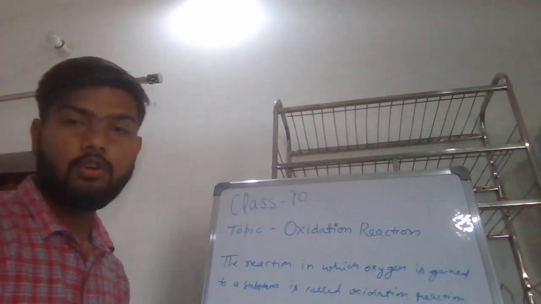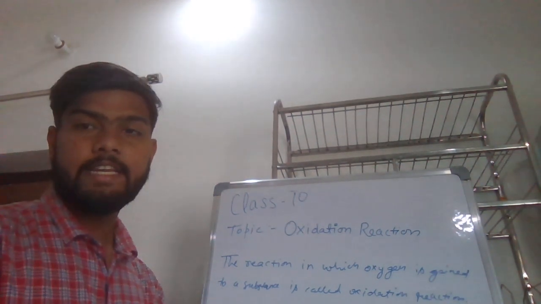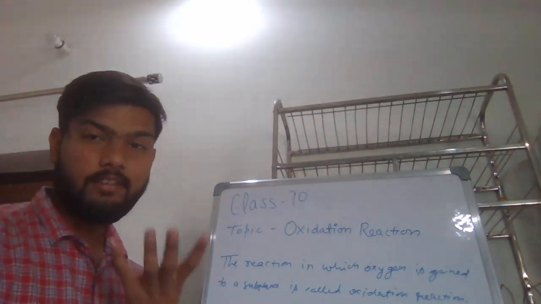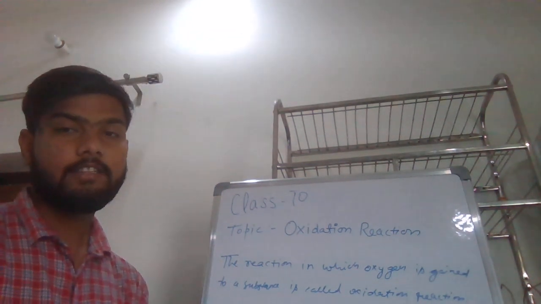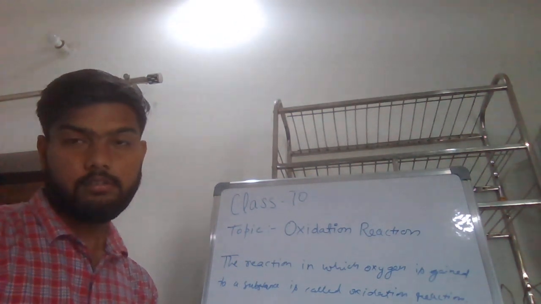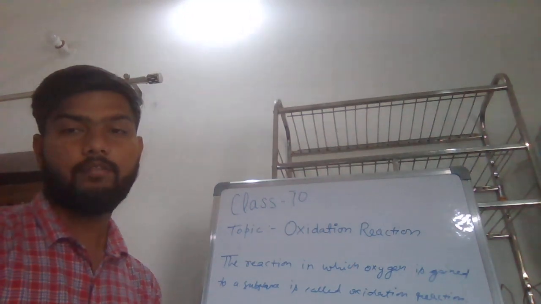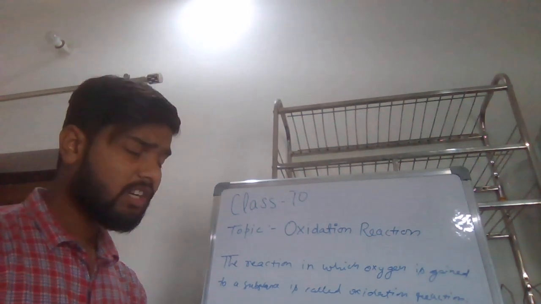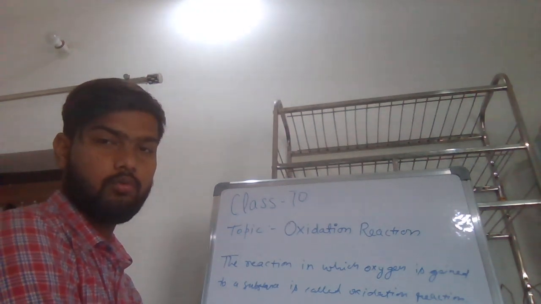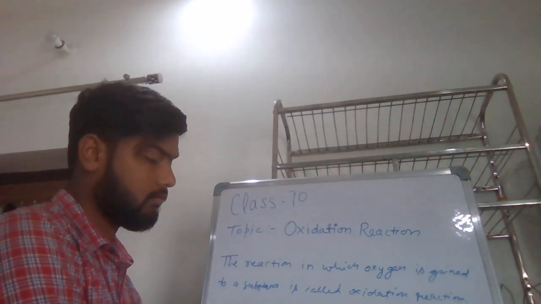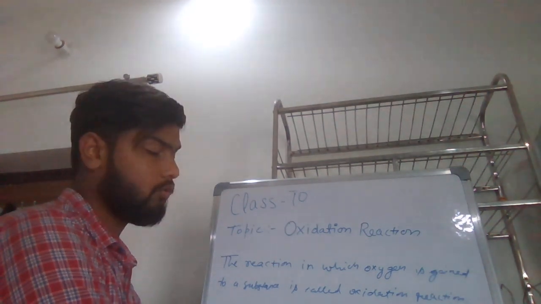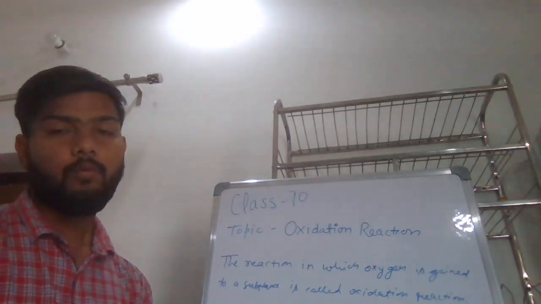For example, we have seen copper on heating. The surface of copper powder becomes coated with black copper oxide. The equation is 2Cu plus O2 gives 2CuO.